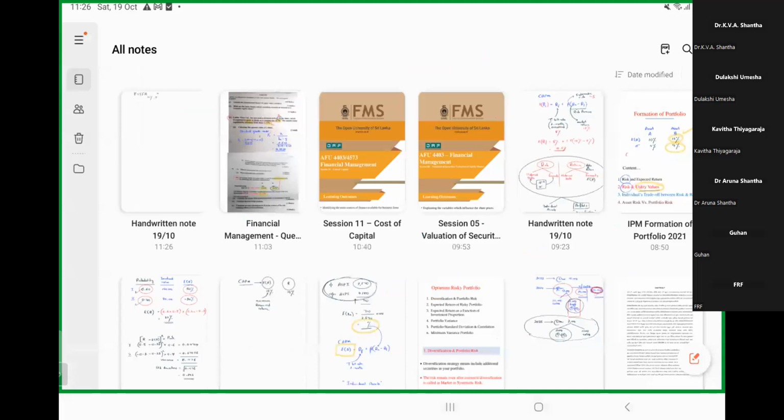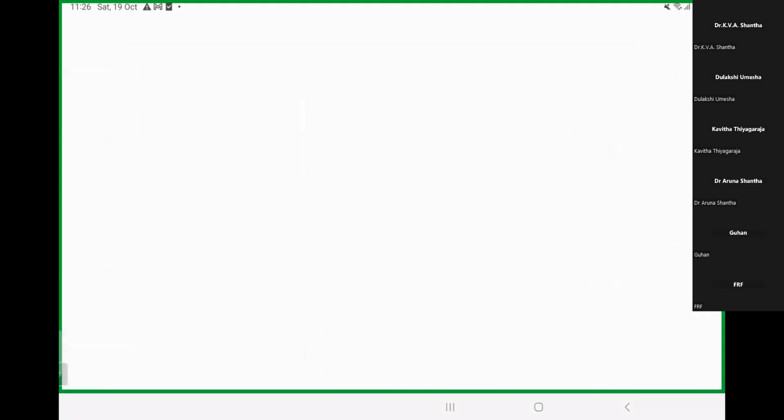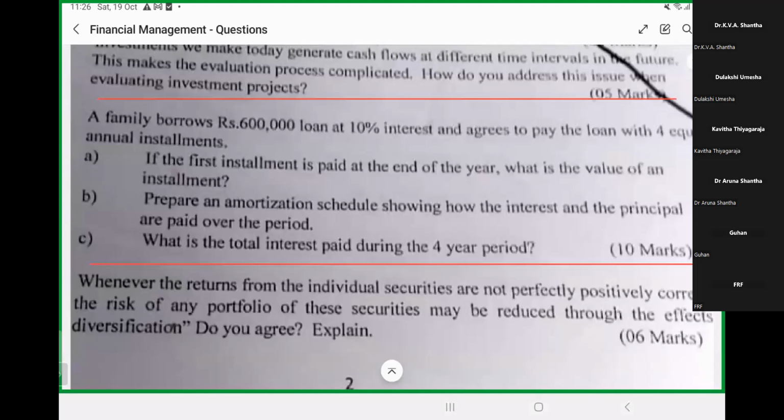You can get the total of the 4-year interest. So we have done almost all these questions.